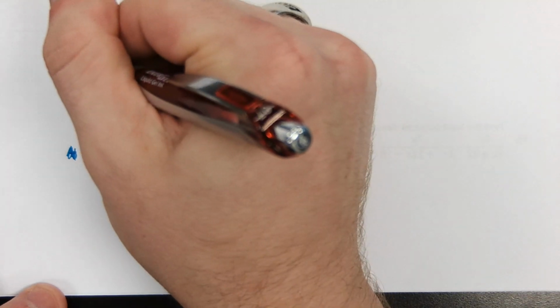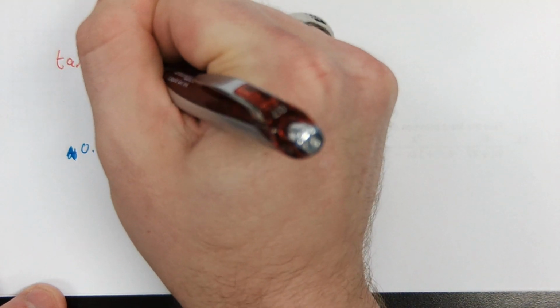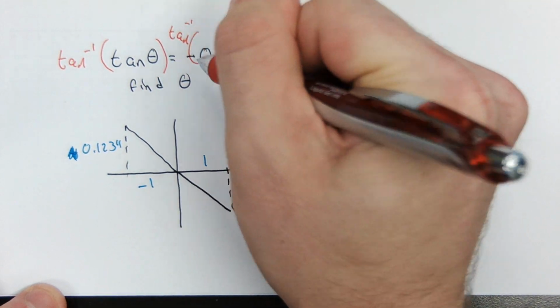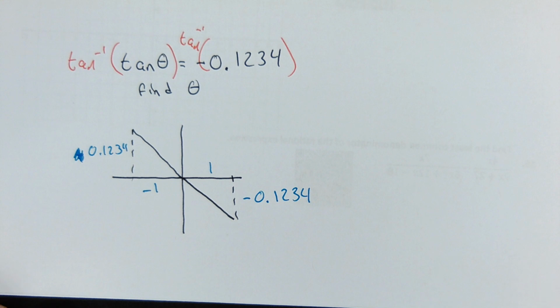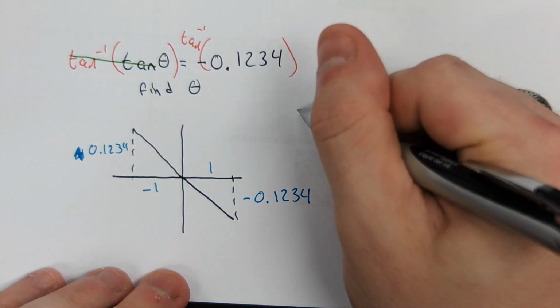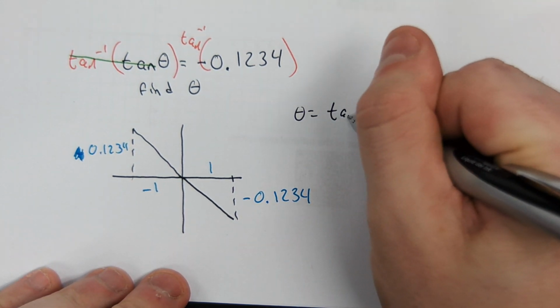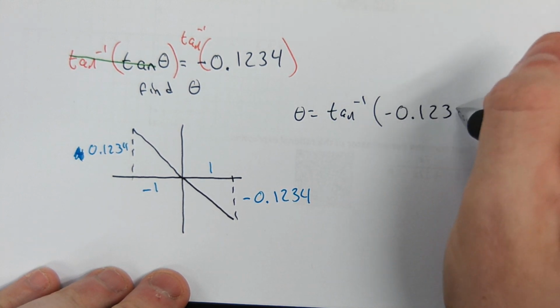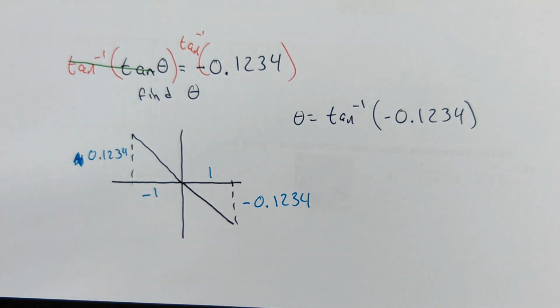So we do tangent inverse of both sides, which is an operation that can be performed on opposite sides of an equation, leaving us theta equals, and then we go to town. We know that theta equals the tangent inverse of negative 0.1234, and grab my calculator.